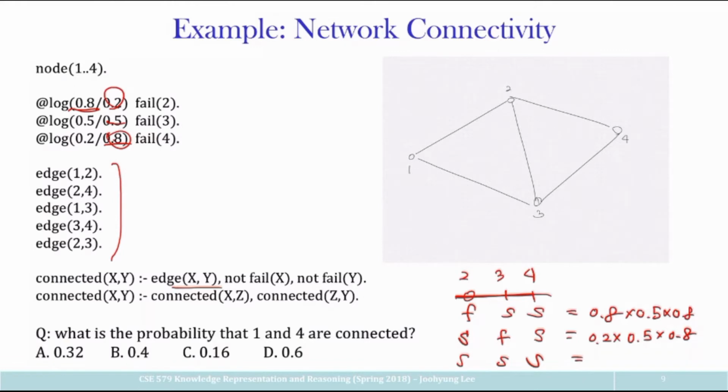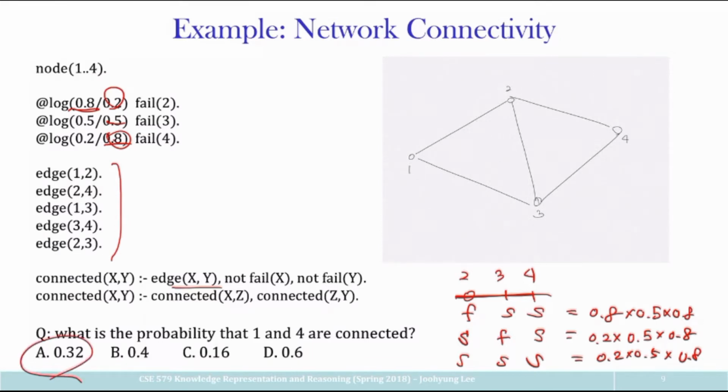And everything successful, that's 0.2, 0.5, also 0.8. The third is actually 50-50, so it does not differentiate. If you compute everything here, the first one is 0.32, the second is 0.08, the third is 0.08. So the correct answer is A.